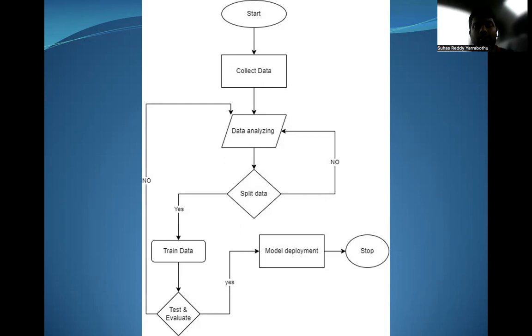If the data is positive, then it will go to train the data. And once it trains the data and tests and evaluates it, and it is accurate, then it will go to model deployment. Otherwise, the image data analyzing process will go on. So this is how image processing will go on.